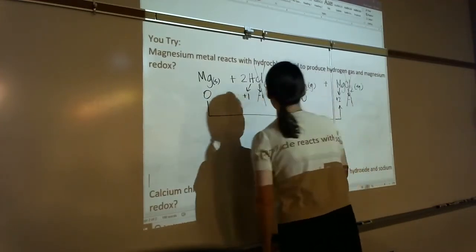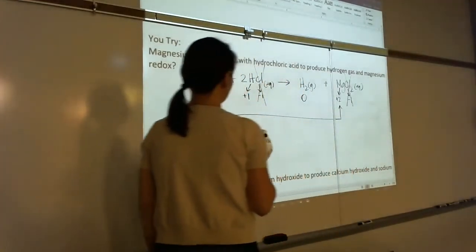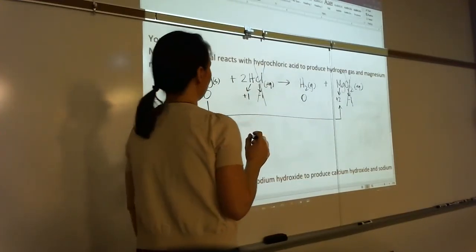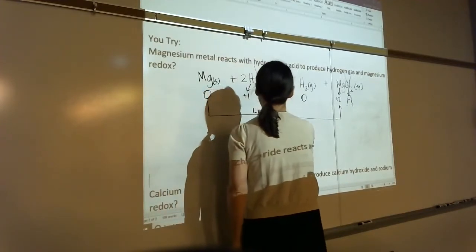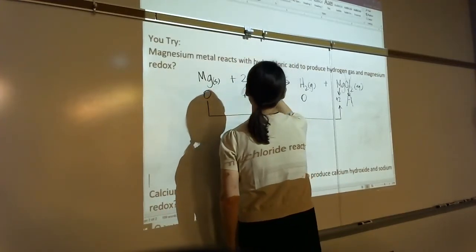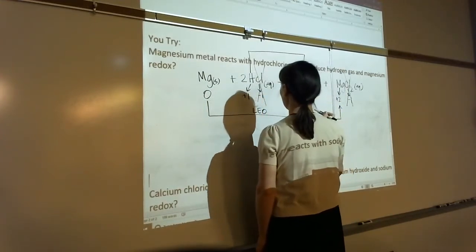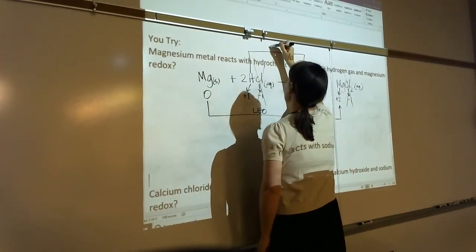So is that the oxidation or the reduction? Is it losing electrons or gaining them? Right, that's the LEO. And hydrogen's going from +1 to 0. So is that losing or gaining? That's gaining, so that's the reduction.